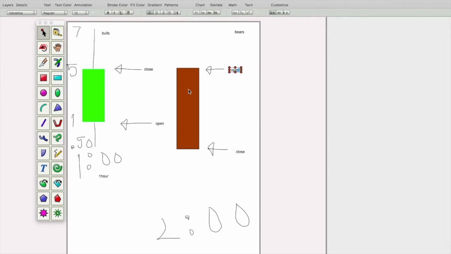And then this would be the open, the opposite of the other bullish candle. So let's see. Price opened up here at $5, correct? The previous candle finished at 5. This one opened at 5.